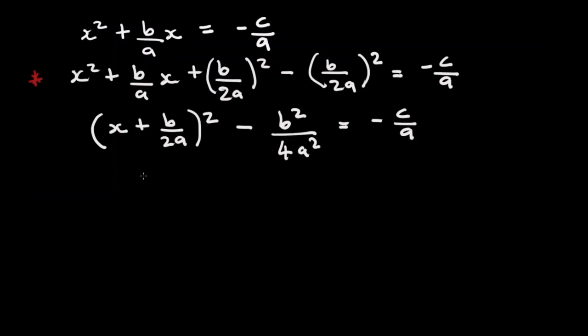Again, let us arrange like terms: x plus b over 2a, squared, is now equal to b squared over 4a squared, the crossover, subtracting c over a.